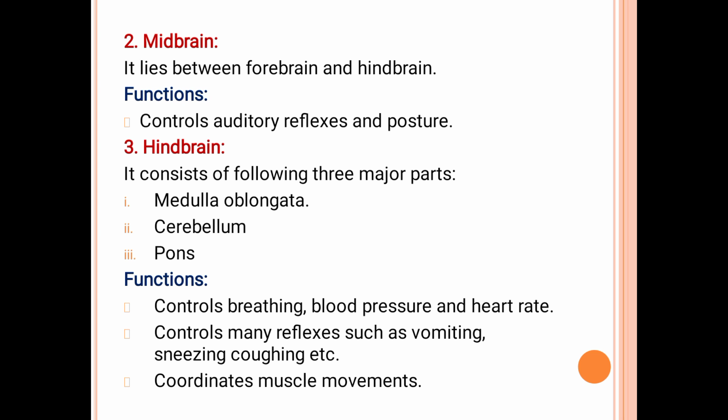It controls many reflexes such as vomiting, sneezing, coughing, etc. It coordinates muscle movement and all that information that passes between spinal cord and rest of the brain passes through the hindbrain. It also coordinates muscle movement and it also serves as a connection between cerebellum and spinal cord.